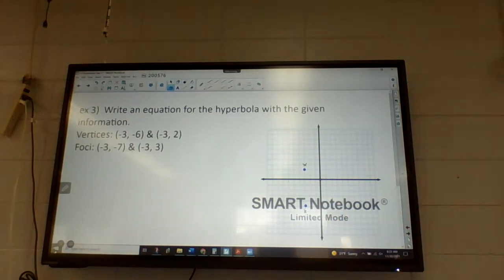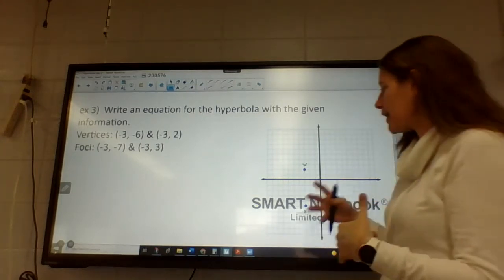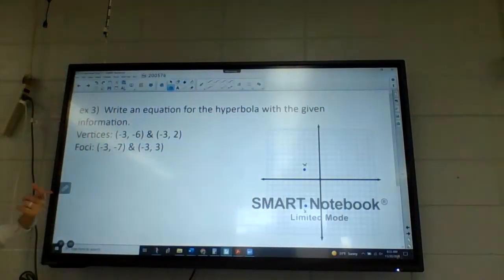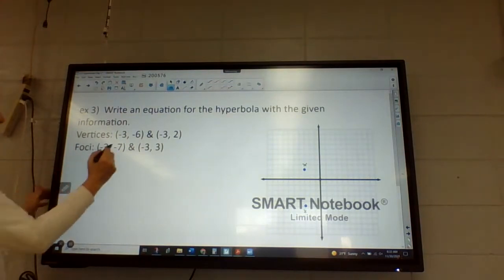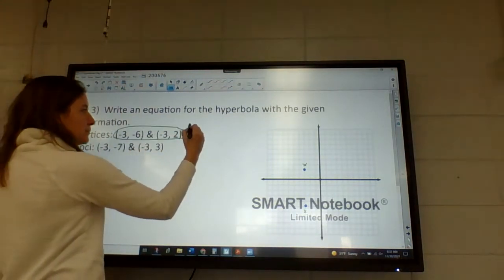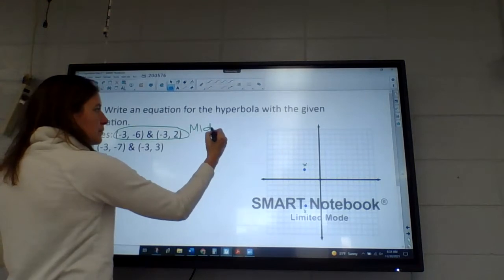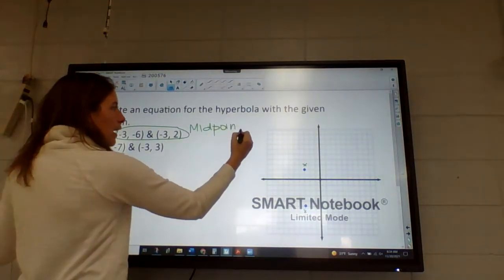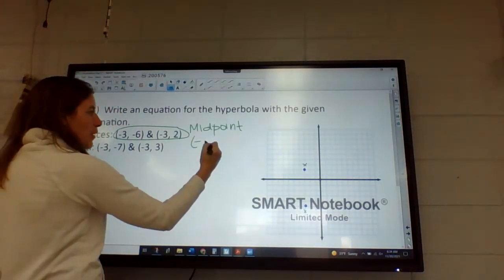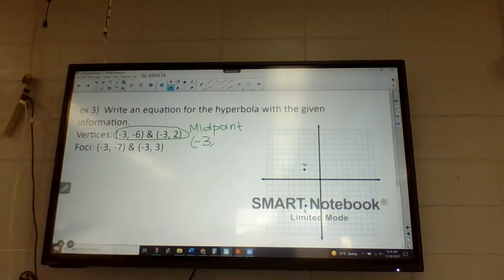So I already know this is going to be a y² hyperbola, right? Because it's pointing up and down. But I should be able to tell where the center is. Now, if you can't eyeball it, remember, we did this the last time, where we can find the midpoint of these. Like if you don't want to graph it, you can do it that way, where the midpoint of -3 is going to be just -3, but the midpoint of -6 and 2 is going to be a -2.